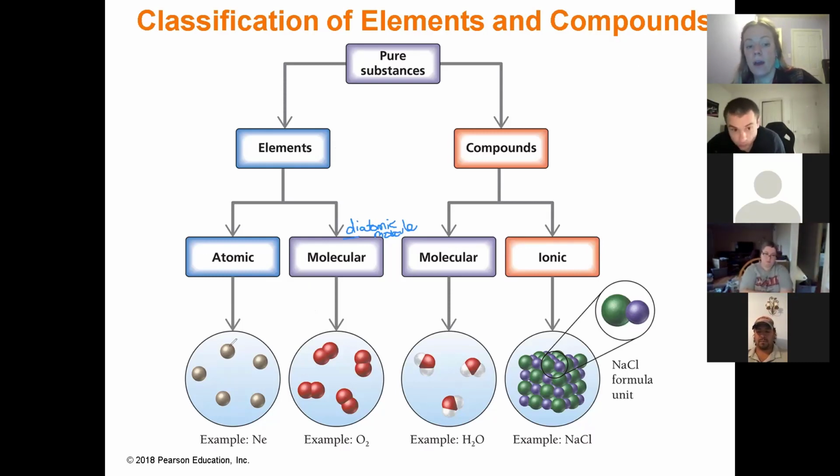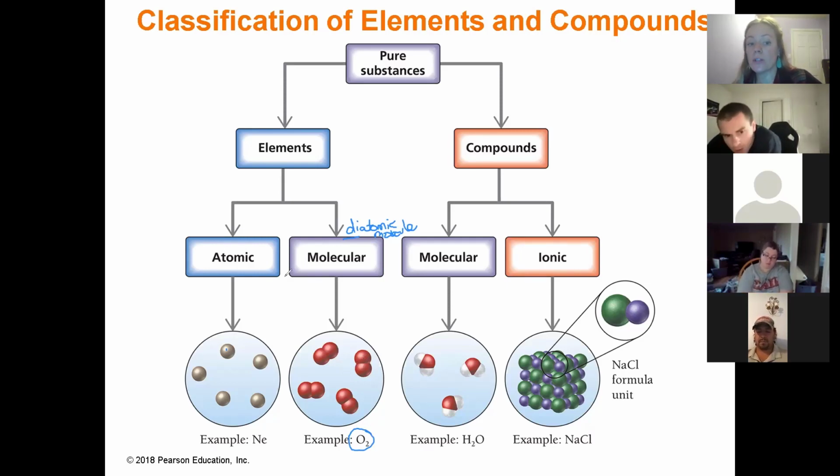That's just when you have atoms and their most basic unit is going to be an individual atom. A molecular element or a diatomic molecule is when the basic unit is a pairing, or there's two of them. So oxygen, for instance, I would never write oxygen in an elemental form as just O. I would write it as O2 because oxygen likes to pair to another oxygen. It makes it more stable.